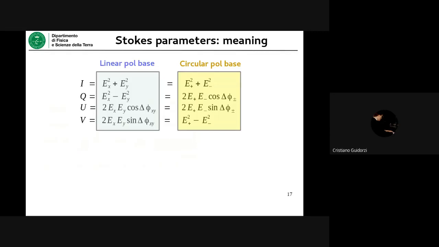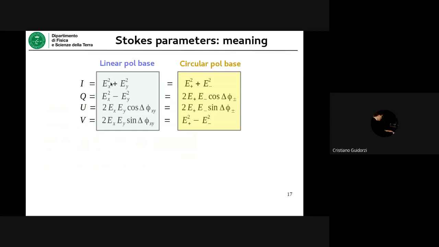So let's summarize what we've come up with so far. We have four parameters, which are four scalars, which are intensities. We defined them in the linear base, and we also found the corresponding formulae for the circular polarization base. In particular, you see that there is a kind of symmetry. In either case, you have two terms.